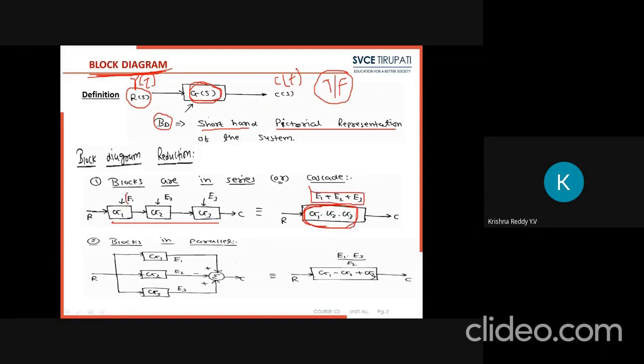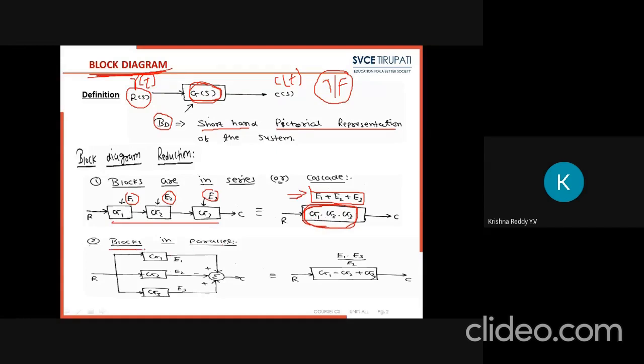Suppose system 1 has error 1, the second system has error 2, the third system has error 3. The total error will be the summation of the errors. The total gain of the system is the product of the gains of the individual systems.